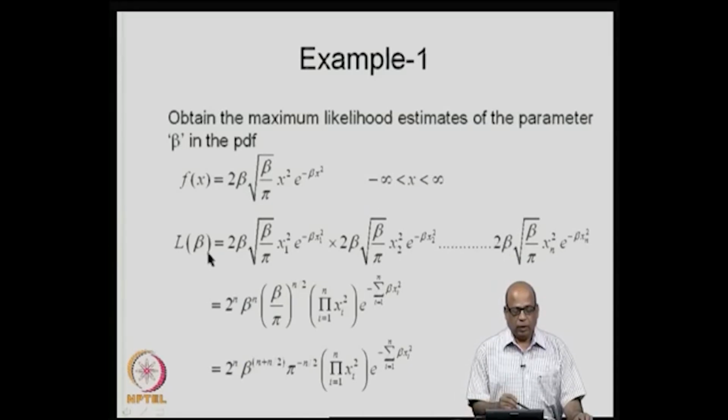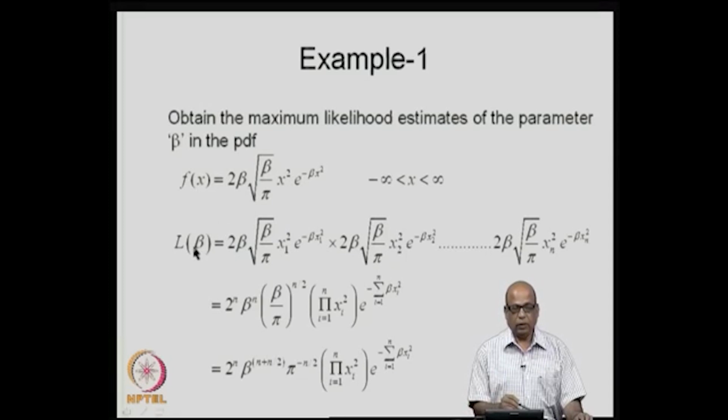So, we formulate the L of beta. Remember, we have a sample x 1, x 2, x 3 etcetera, and we are evaluating the PDF at those given values of x i, and then taking the product of these f of x i defined at that particular x i, and then we are calling that the likelihood function.